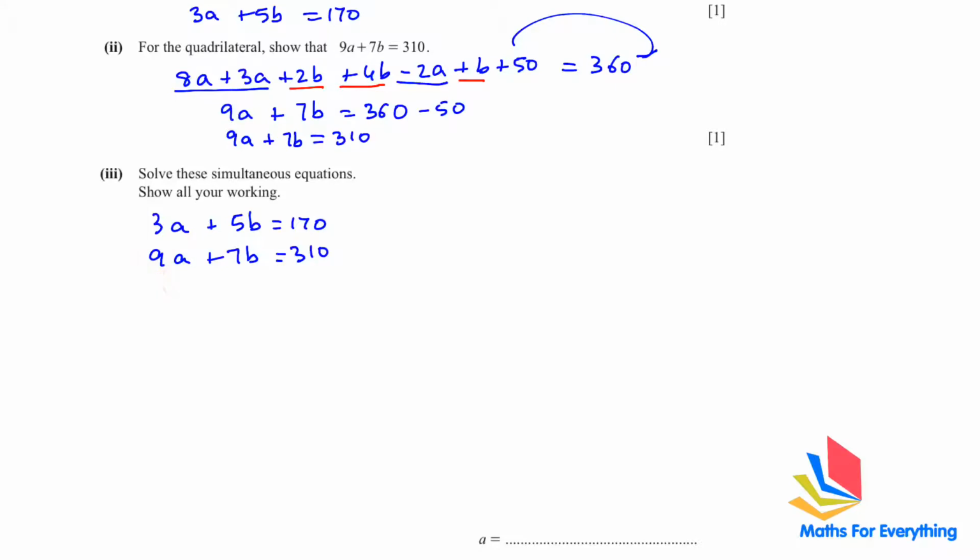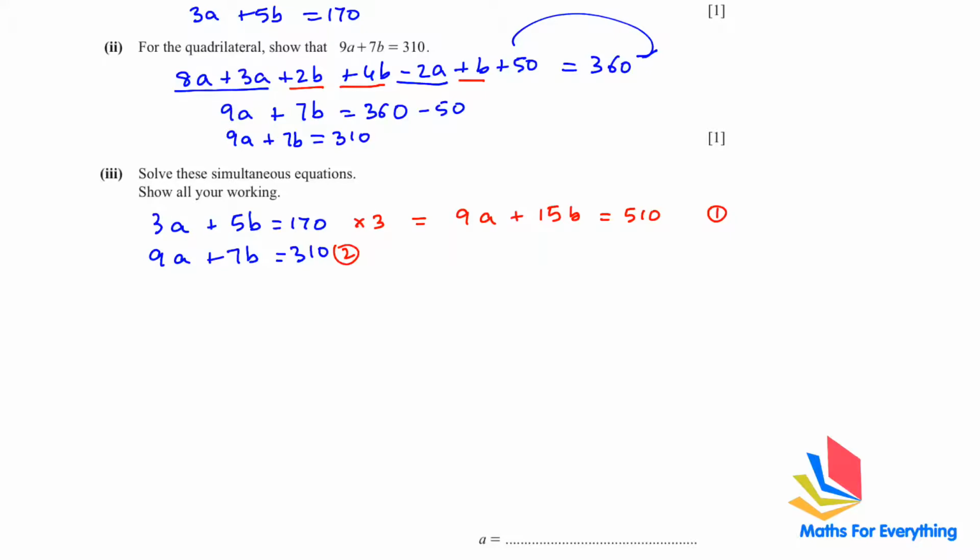I have a 9 here. If I multiply the top equation by 3, I will get 9a plus 15b is equal to 510. So you have been given now this equation and this equation, let's label them equation 1 and equation 2.